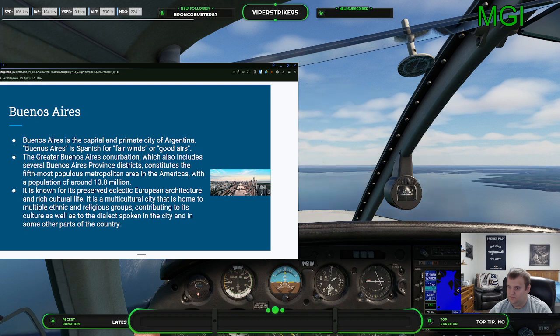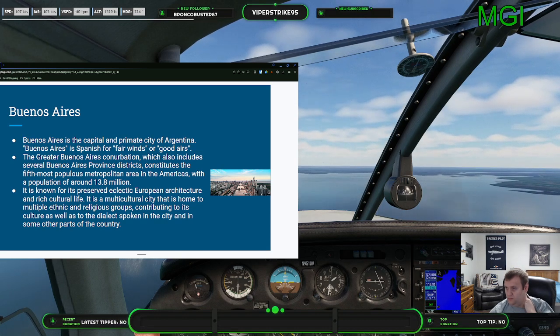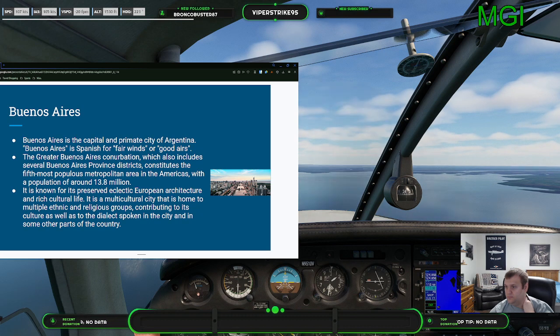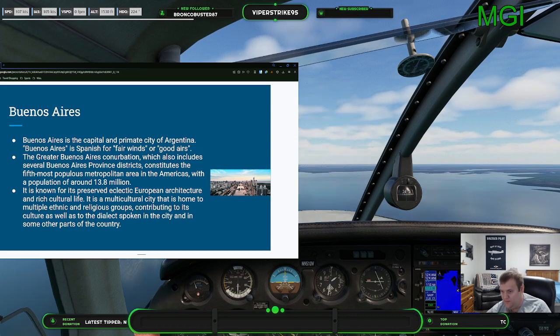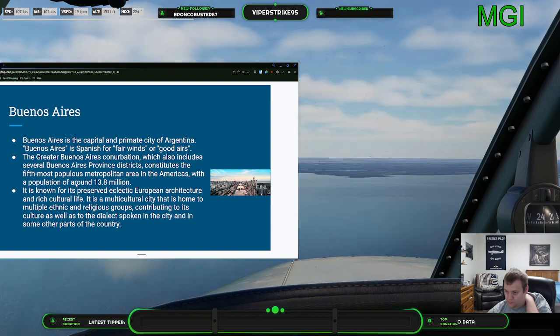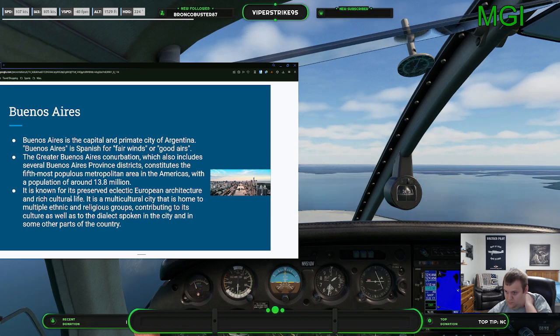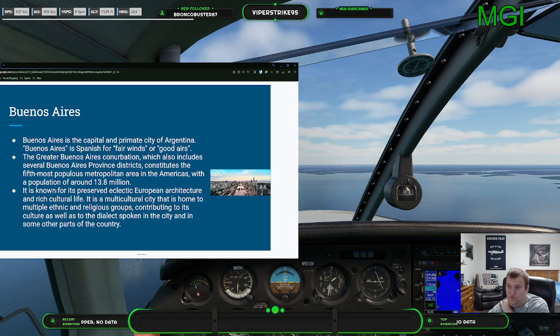But it really grew during the 19th and 20th centuries, when Buenos Aires grew into a major city, and a lot of immigrants were attracted here. Argentina still to this day has many really cool areas as well.